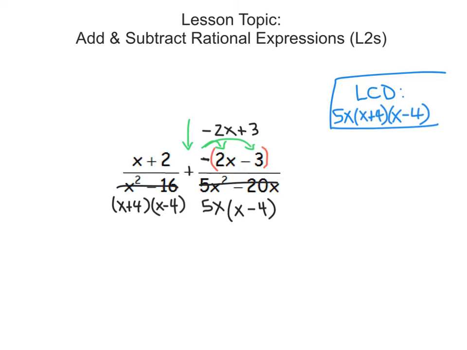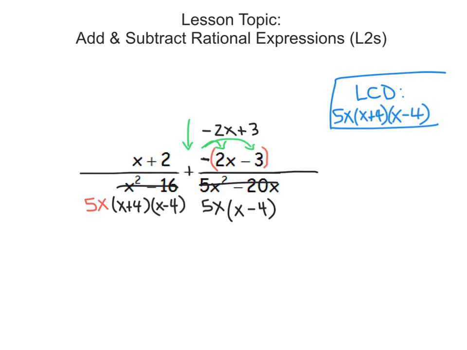Now we're ready to change our fractions so that they do have a common denominator. And when I do this, I like to extend my fraction bars. Alright, so the first denominator, I have x plus 4, x minus 4. So I'm missing the 5x monomial factors. So 5 and x I need in the denominator.